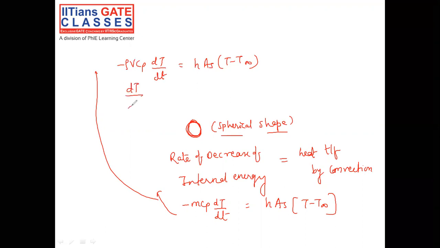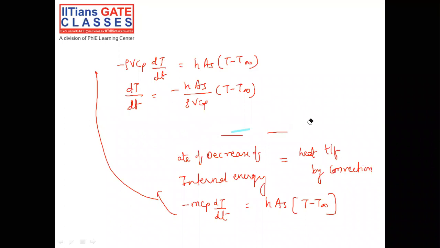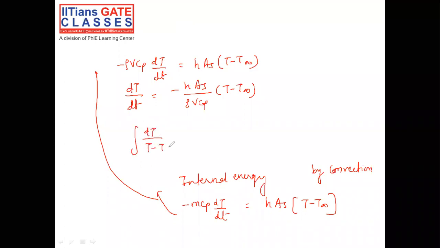Now, if we are integrating, we will have h As divided by rho V Cp. So we are going to have dT over (T minus T infinity), from T naught, the initial temperature, to some temperature, let us say 28 degrees centigrade, which is reached in 4.35 seconds, equal to h As dt divided by rho V Cp.